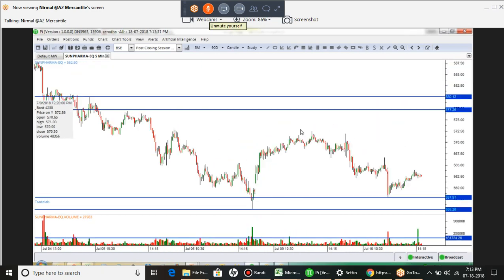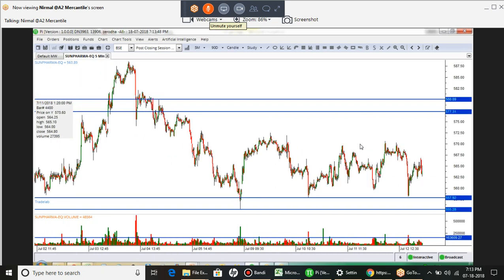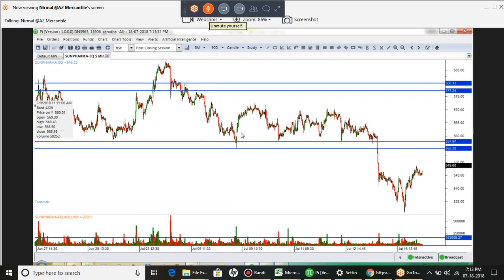Now, if we look at this particular range, this is almost a 20 rupees range, which is roughly 3.5 to 4%. So this is quite a tradable zone. If something tries to go to this side and breaks out, maybe long. If it comes here, maybe short.